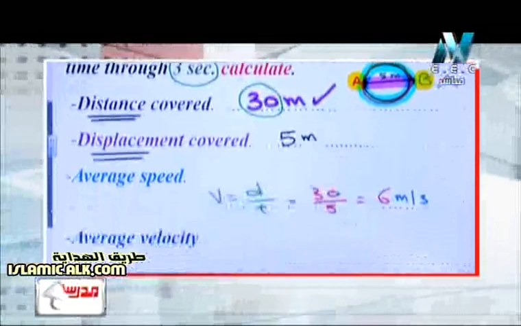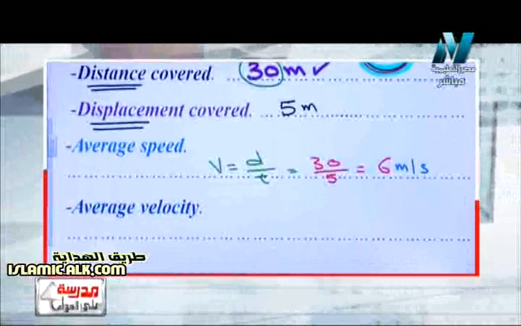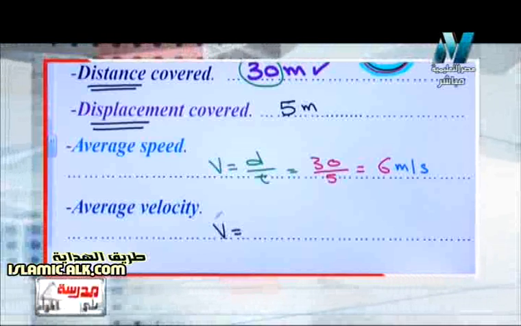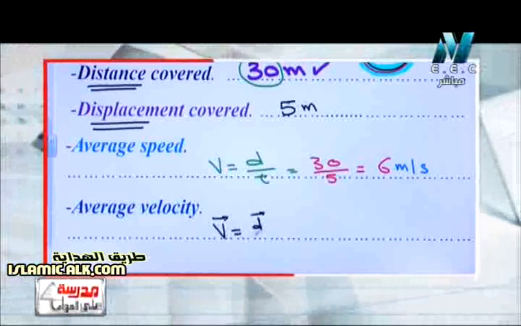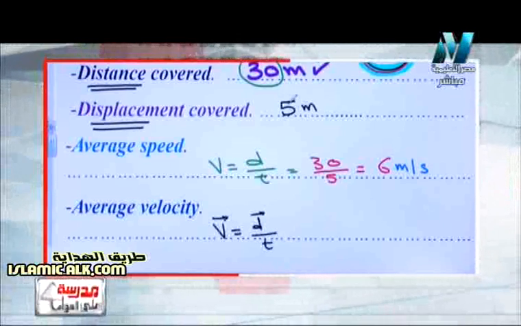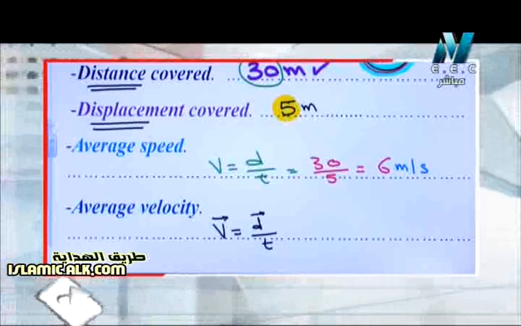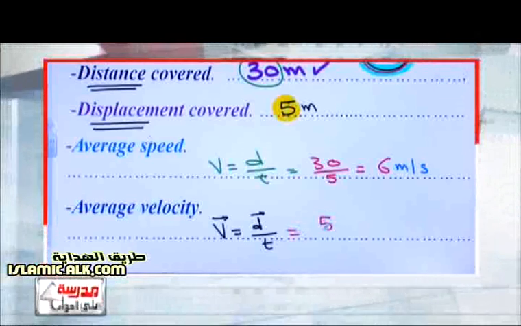At the same time, we want to calculate the average velocity. Average velocity equals displacement over time. Displacement equals 5 meters. So we calculate displacement over time as 5 over 5.